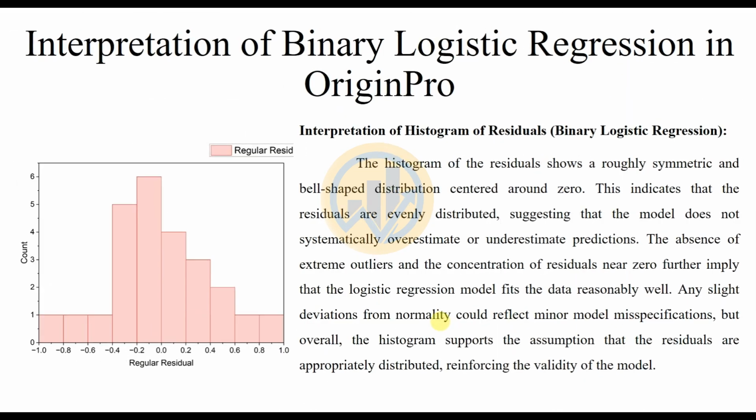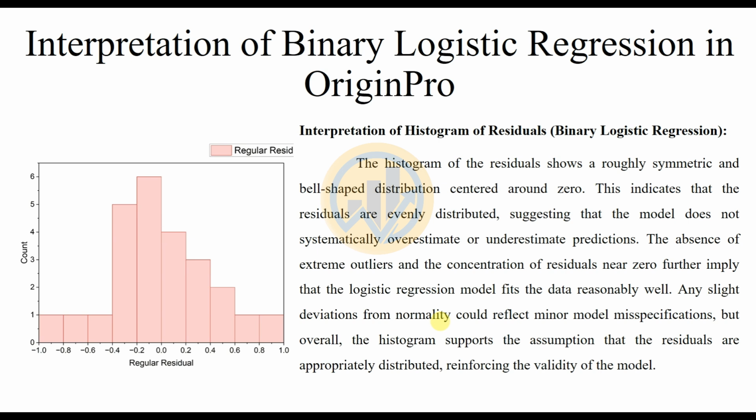The interpretation of the histogram of residuals for binary logistic regression. The histogram of the residuals shows a regular, systematic, well-shaped distribution centered around zero. This indicates that the residuals are evenly distributed, suggesting that the model does not systematically overestimate or underestimate predictions.